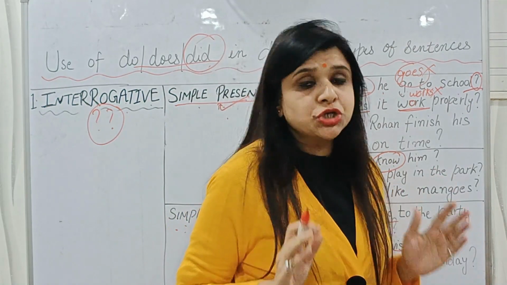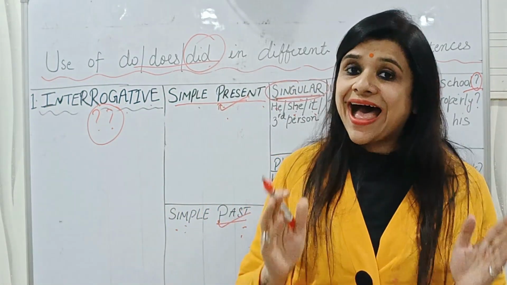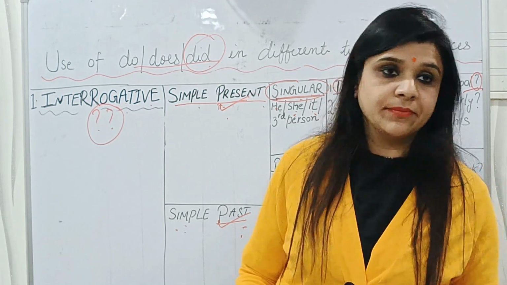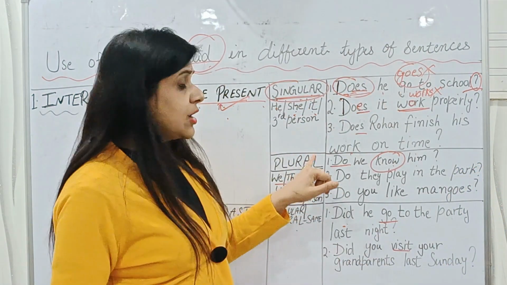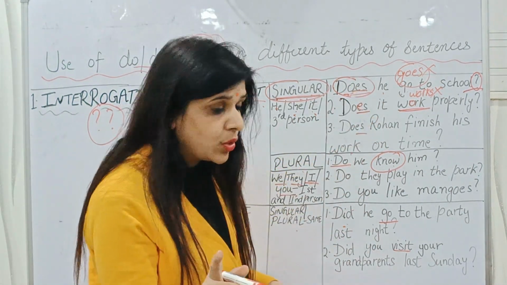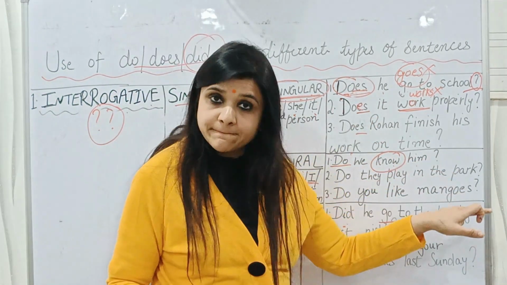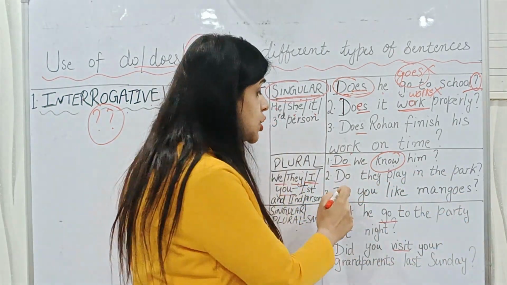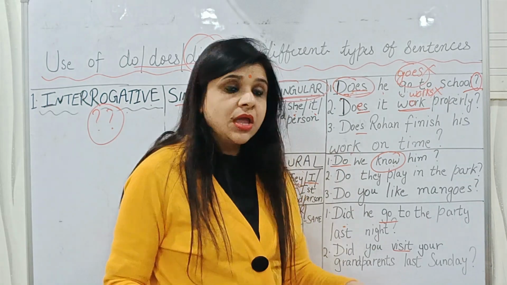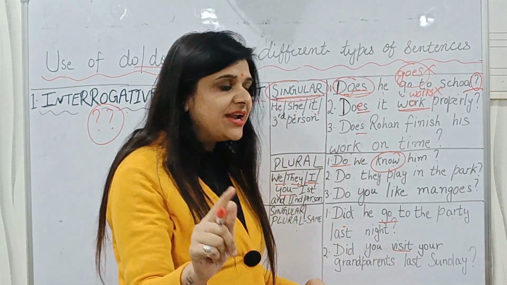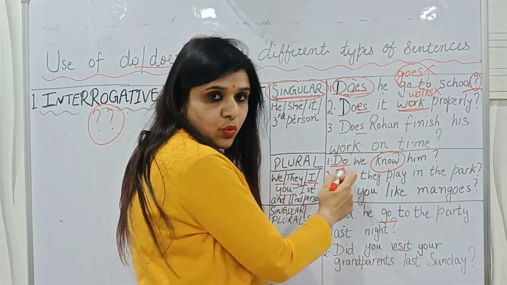Now friends, I am sure you all already know that I and you are also considered in plural category. So here the rule is instead of does, we use do. Do we know him? Do they play in the park? Do you like mangoes? Now the rules are absolutely same in singular and plural.